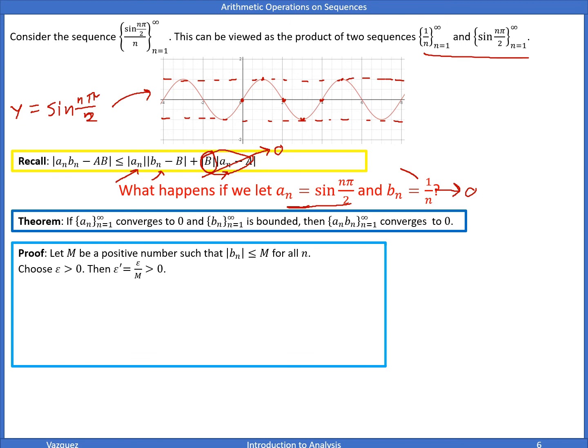The reason for this choice will be apparent shortly, but you should have probably anticipated it if you've been practicing these in your class. So there's a positive integer N such that an minus 0, since it converges to 0, is less than epsilon prime.